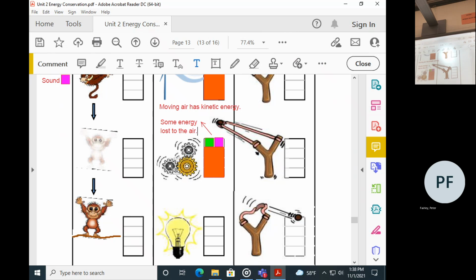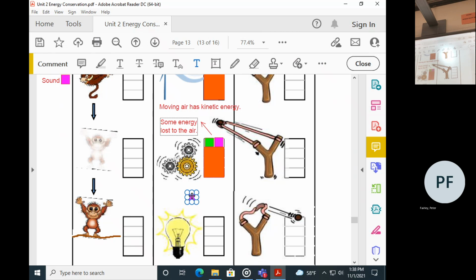Which means when I go to fill in the last one, will I fill in all 4 of these boxes? No, because I've lost that top box, haven't I? Which means my final energy is only going to fill in these bottom 3. What kind of energy is it that I'm trying to get here? What's my goal? Yep, I need electric energy.